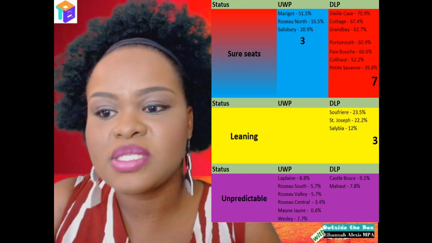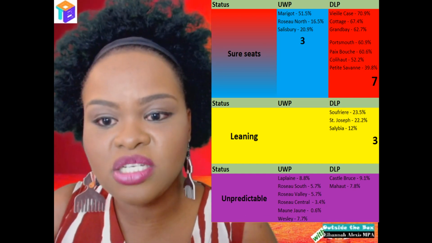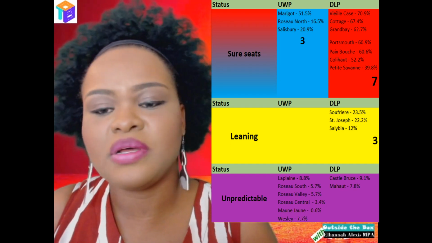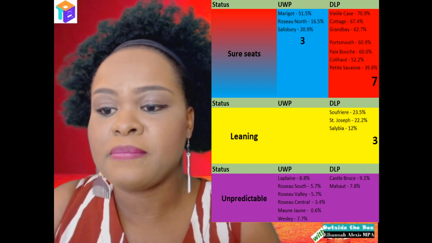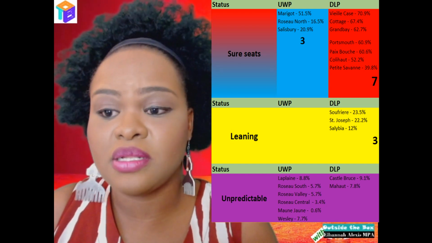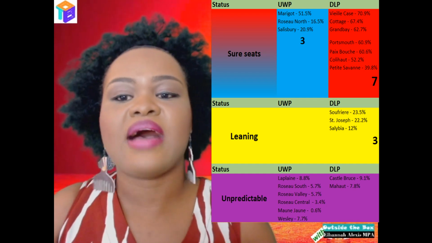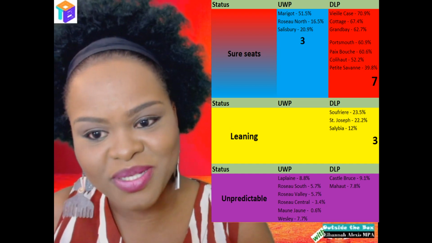So the difference was just 7.8%, which puts it in my category of unpredictable constituencies. Because if the United Workers' Party gains 5% in Maho and the Labour Party just loses 4% or 3%, we can have the Maho constituency becoming a United Workers' Party constituency.